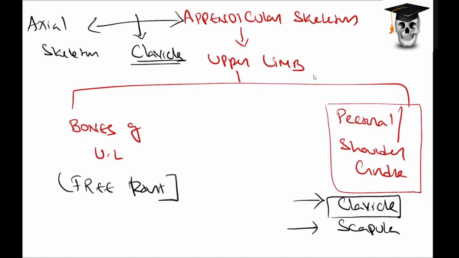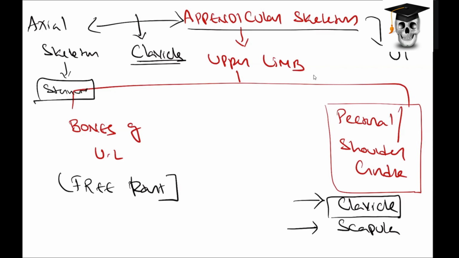The axial skeleton is your sternum, the rib cage and everything, and the appendicular is the upper limb. So the upper limb is the free part which is connected to the axial skeleton by a bone called the clavicle. The clavicle plays a major role in transmitting the weight of your upper limb, or whatever you are carrying in the upper limb, to the axial skeleton.